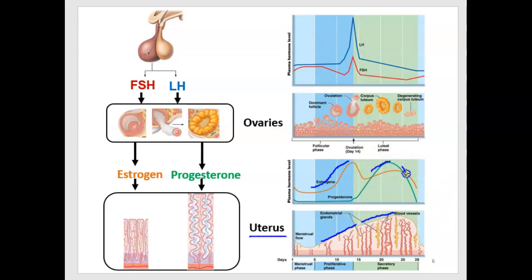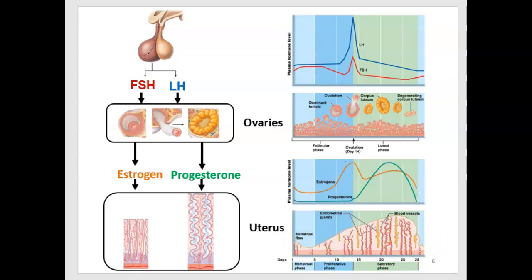But when we have a sharp drop, particularly in progesterone, that's the end of the thickening stage of the endometrium, and we enter the menstrual phase. And so the menstrual phase continues over here.